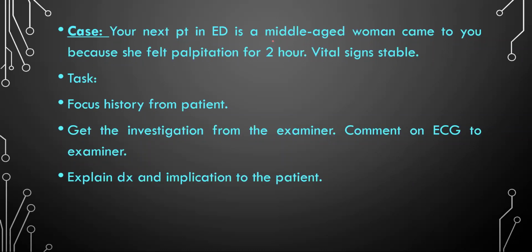Always remember, differential diagnosis is the most important thing in your history. There is nothing more important than that, because the examiner wants to know whether this candidate knows the differentials for palpitation. We have a lot of differentials, right? CVS causes, CNS causes, electrolyte imbalance, endocrine causes like thyroid, pheochromocytoma, a lot of things.